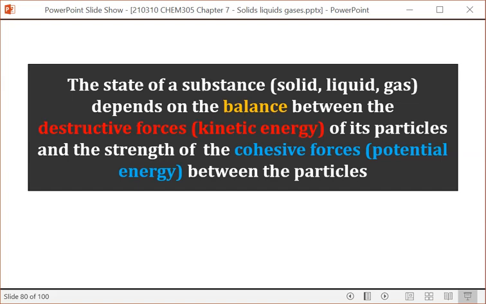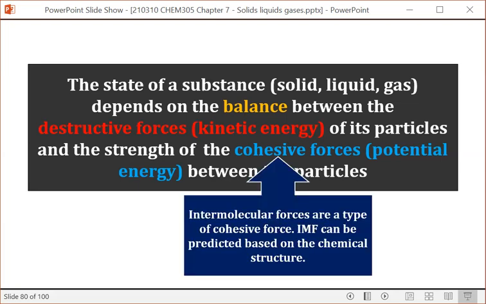And to go from a liquid to a gas, same thing. Liquids have about an equal dependence on destructive and cohesive forces, but there's still enough cohesion that to get a liquid to convert to a gas, you've got to break up those cohesive forces by adding kinetic energy. So you heat it up, the substance absorbs that kinetic energy from increasing the temperature, and then when it gets enough kinetic energy, it's going to undergo that phase change to go from a liquid to a gas.